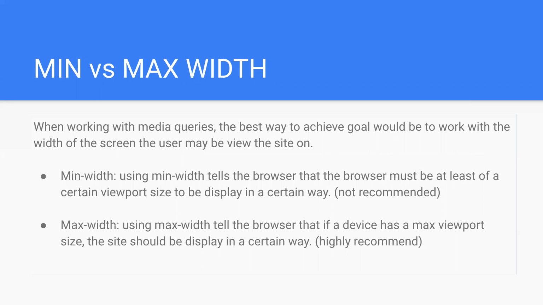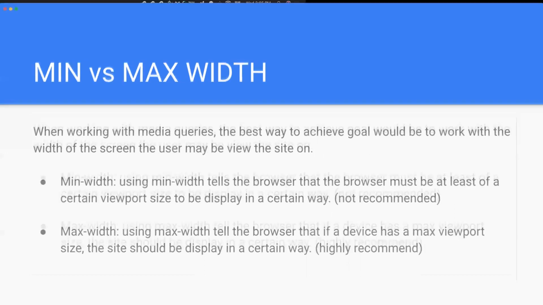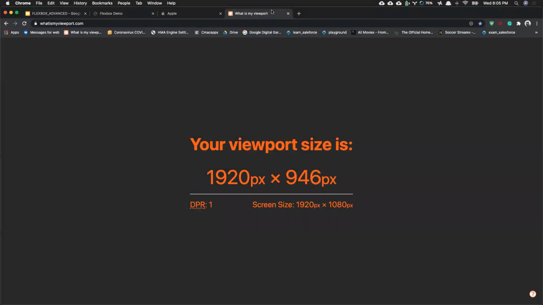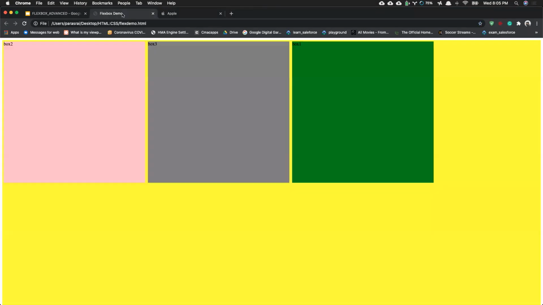We don't need to worry about that. We just need to know that the maximum a phone can be is 576 pixels, right? So that's basically it. So this is the way I would recommend. All right. So let's look at how we can do certain things here. Okay.